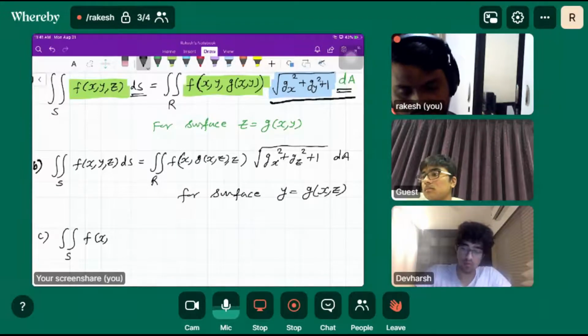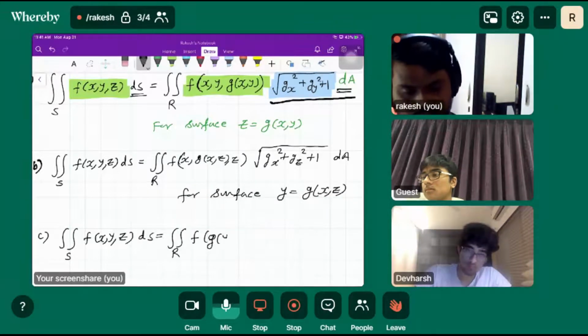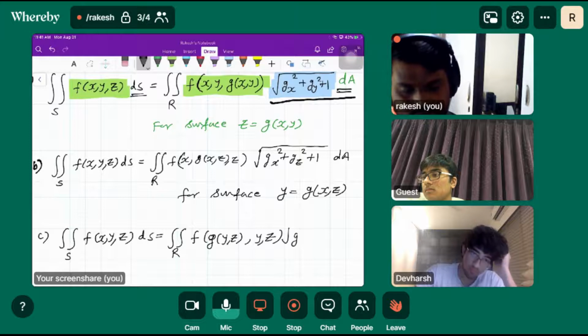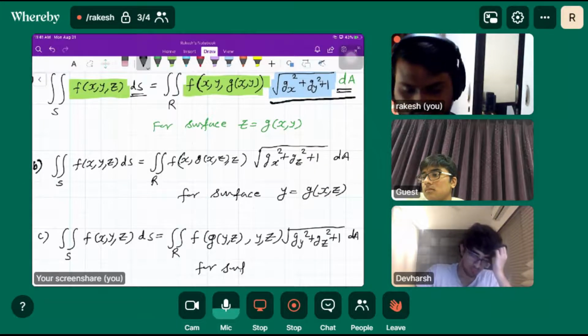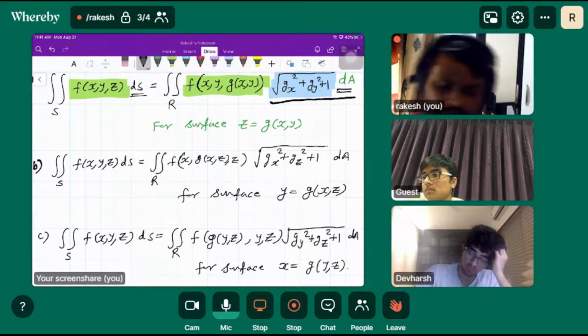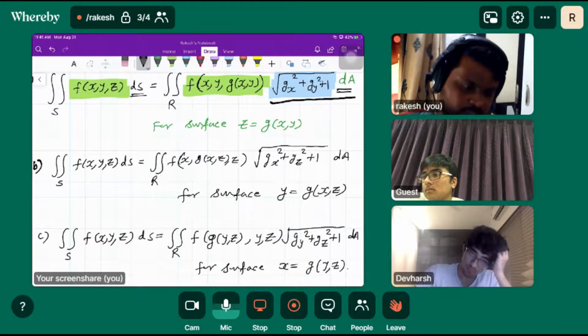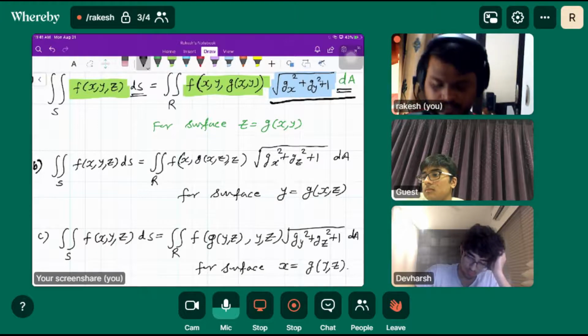And f of x comma y comma z ds is equal to the double integral of f of g of y comma z, y comma z, for the surface x is equal to g of y comma z.